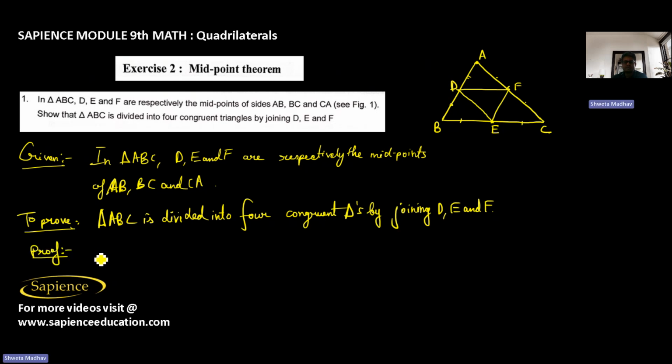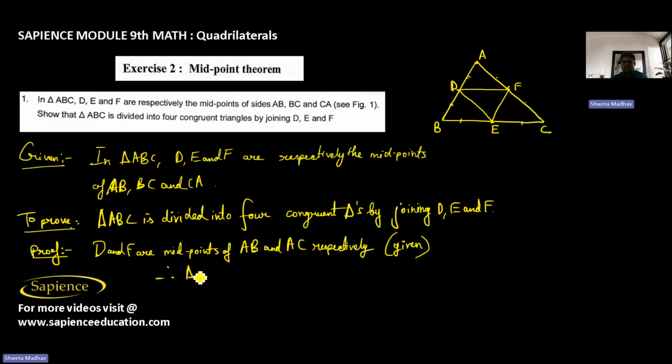The proof is simple. First we will say that E and F are midpoints of AB and AC respectively, since it is given.